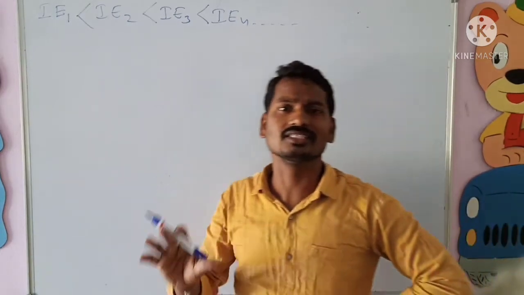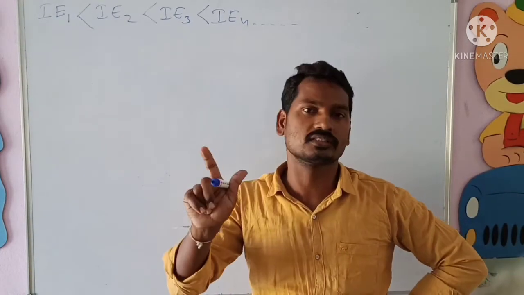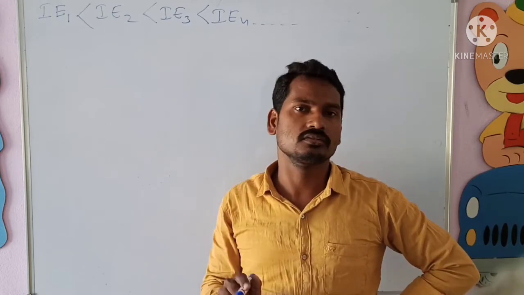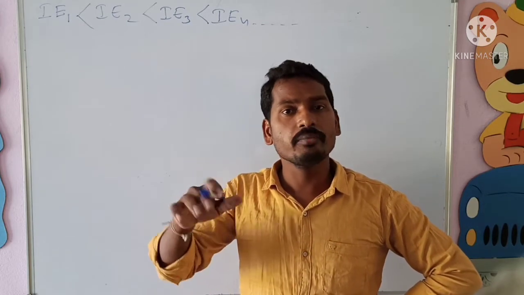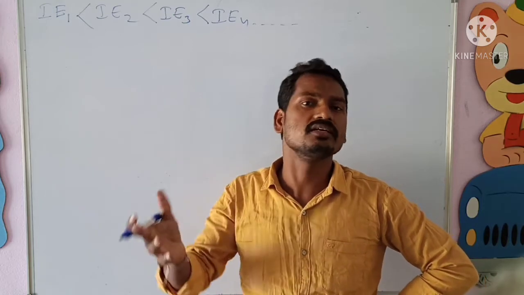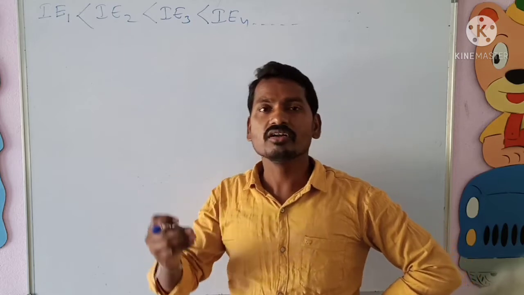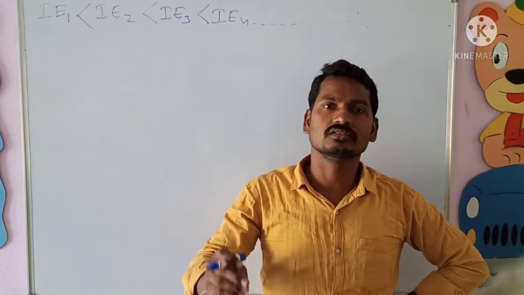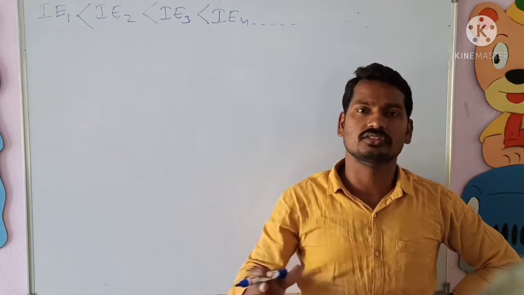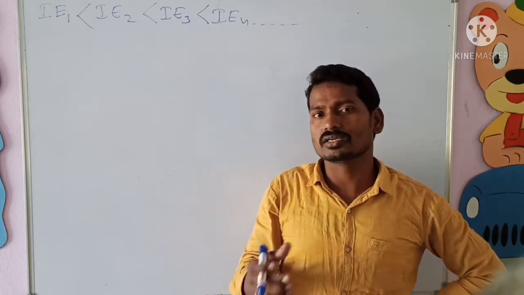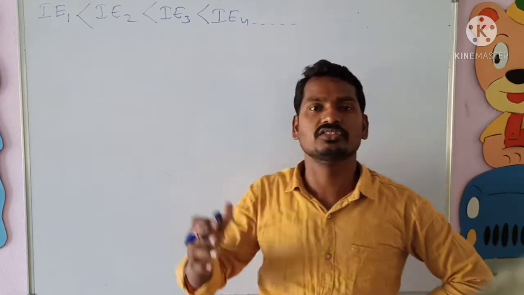Generally, chemical reactions take place in both ways: energy absorbed reactions and energy emitted reactions, that is, energy liberated reactions. The chemical reactions which absorb energy are called endothermic reactions. Again, certain chemical reactions take place by losing energy.